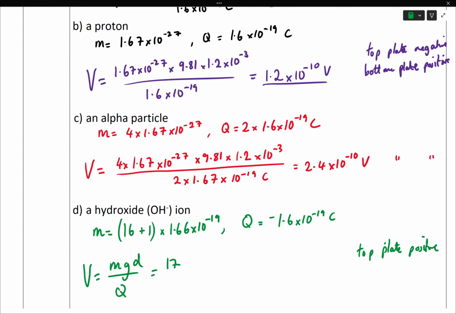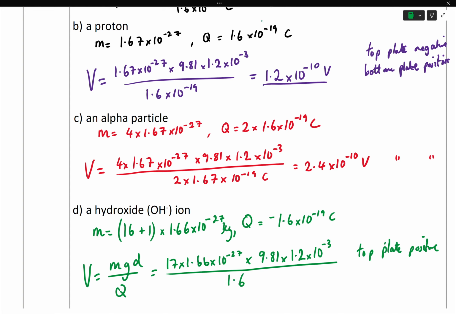So we've now got 17 times 1.66 times 10 to the minus 27 kilograms, times g times the separation over the charge. That's 1.6 times 10 to the minus 19, and just calculate that value.